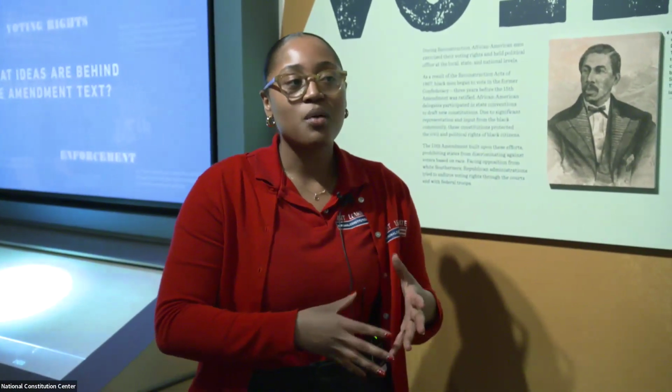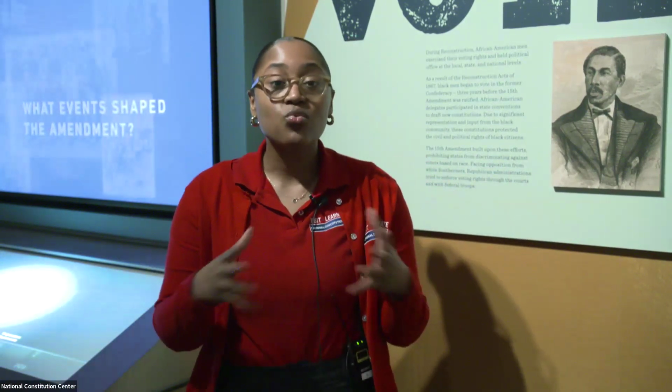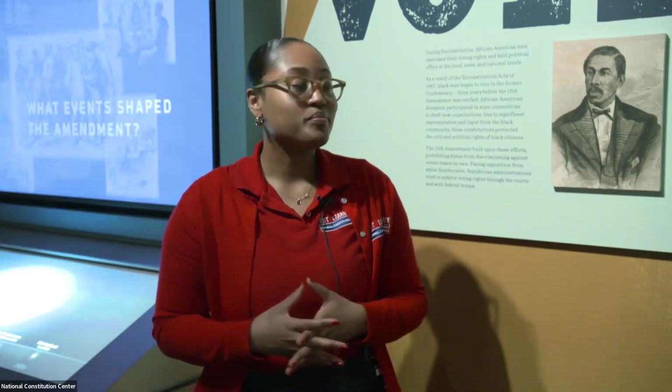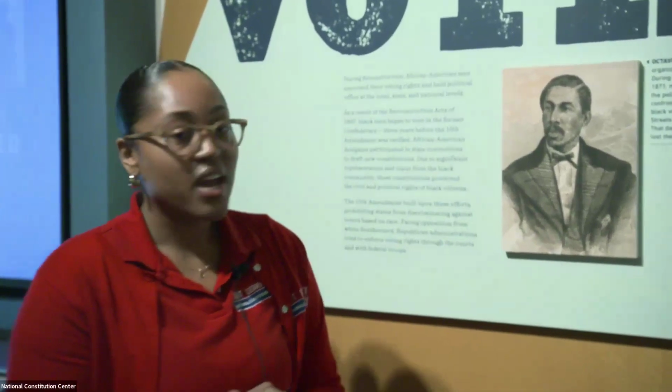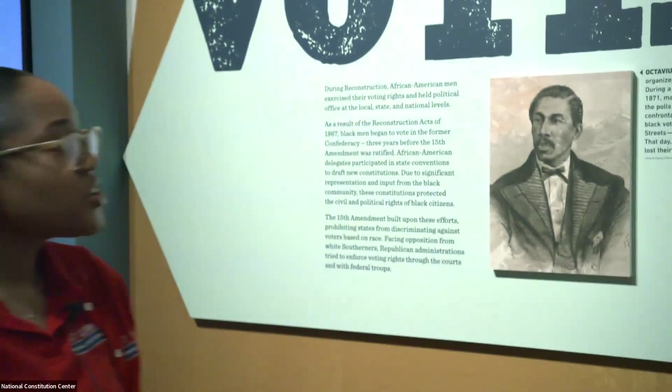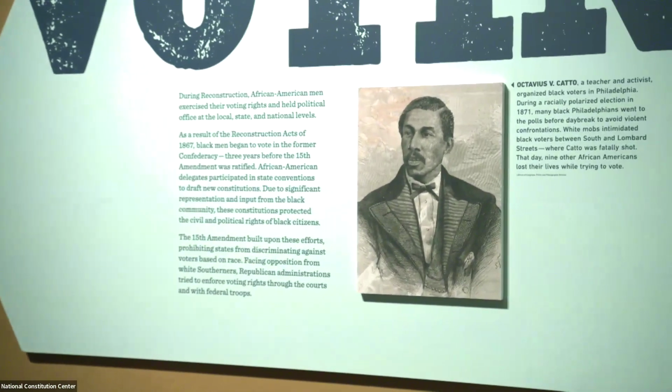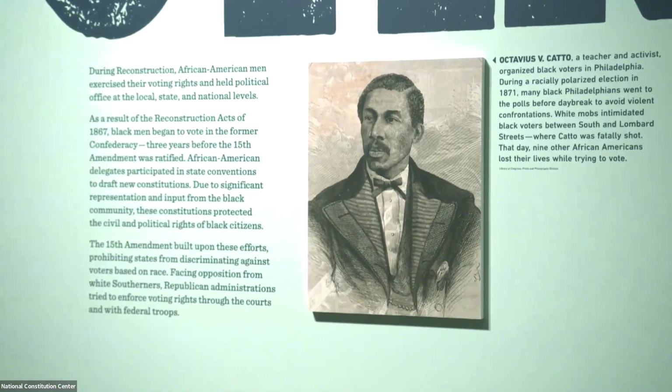And so we've talked a lot about, of course, citizenship, equality, voting rights within the Southern states. But I also do want to mention that all of these conflicts that were going on in the Southern states, they were also pretty prevalent within Northern territories as well. So this man here, Octavius V. Cato, he was a teacher and activist who organized Black voters in Philadelphia.